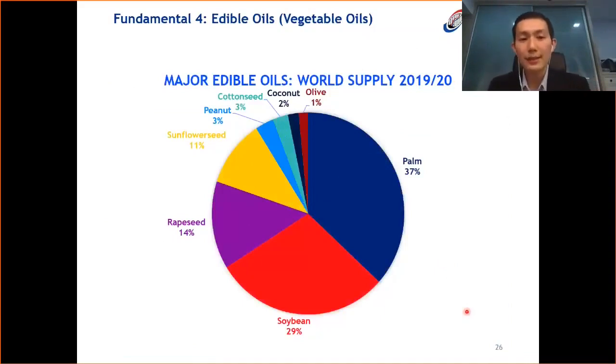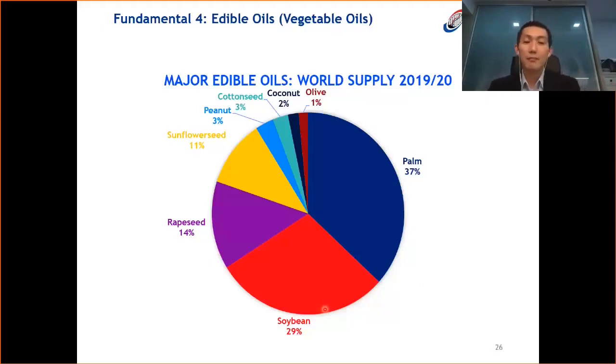So here we can see that on the production level, palm oil consists of 37% of the global world supply, and the next biggest oil that we use is actually soybean oil. So soybean oil would be our greatest competitor, the close competitor for palm oil. So if people do not want to use palm oil, they can choose to use soybean oil.